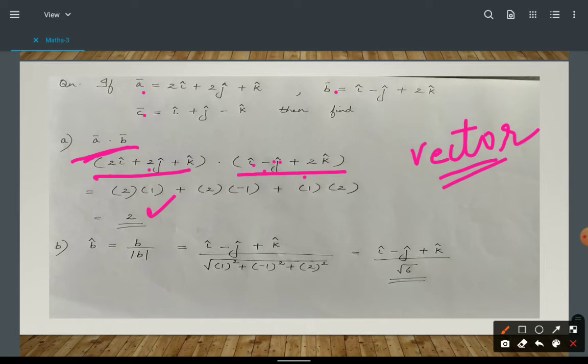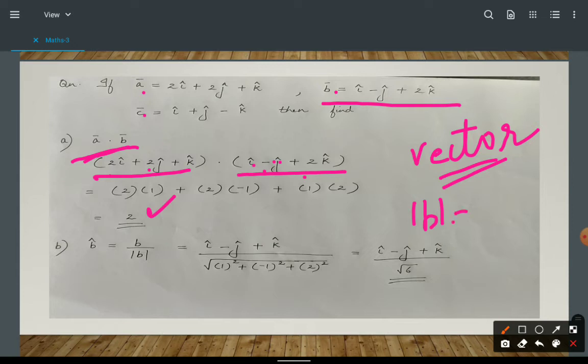Okay. Next, the B part is to find B cap. In order to find B cap, the formula is B by modulus of B. So first we have to write the terms of B here, the question is given. That is i cap minus j cap plus k cap divided by modulus of B. How to find the modulus?